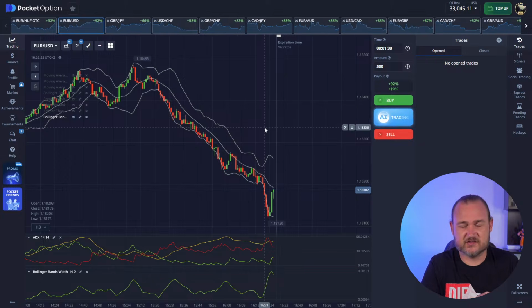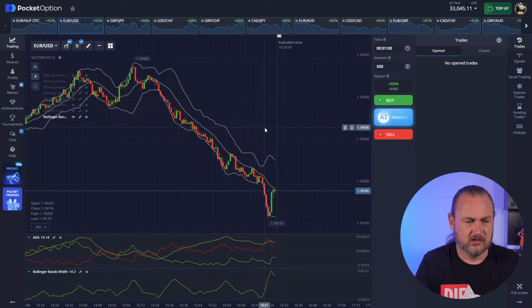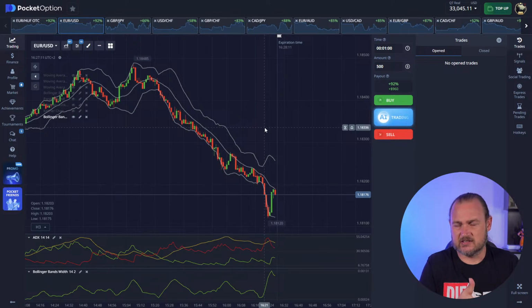You'll find lots of beautiful images of perfect examples. The squeeze doesn't always play out perfectly while you're sitting in front of the charts. But as long as you can understand the concept of it, it is a very good strategy to use. But like I said, it's extremely slow.